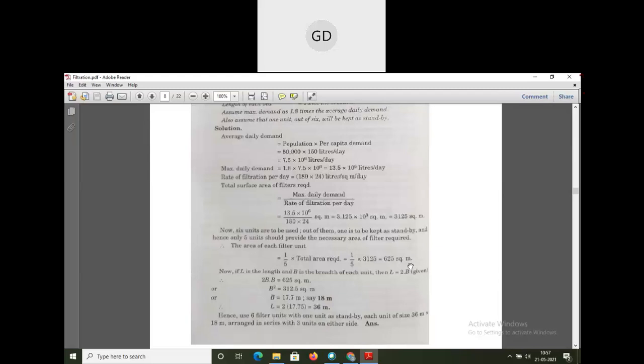Now again one condition was given, that the length is twice the breadth. So you apply that condition: length into breadth gives your area.